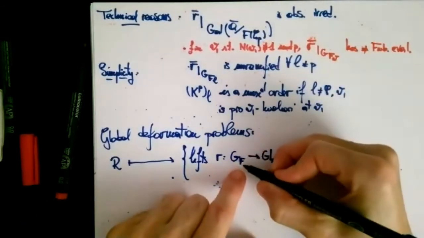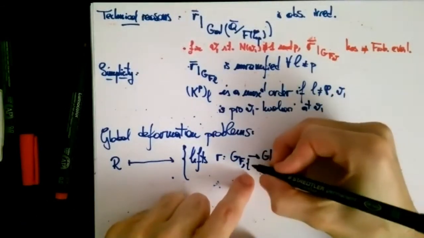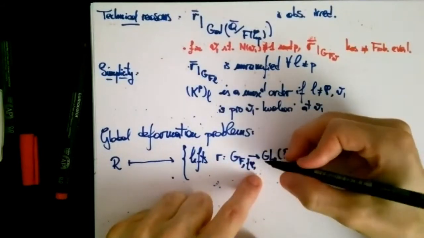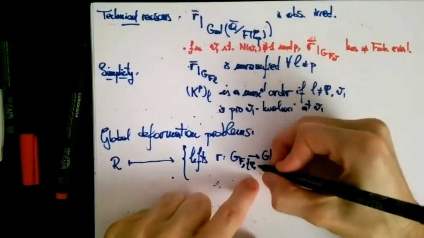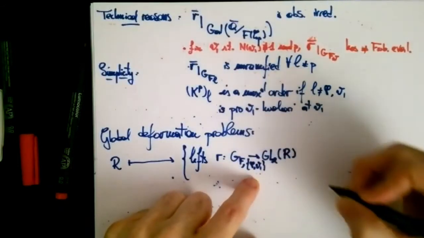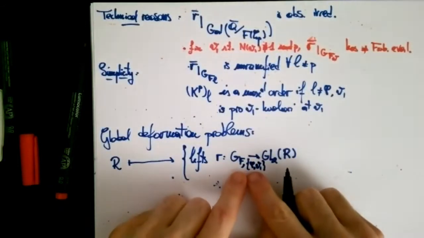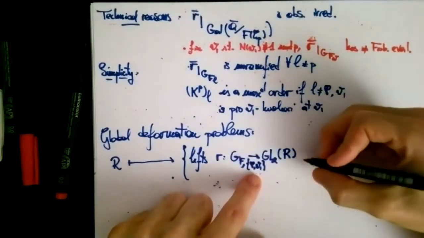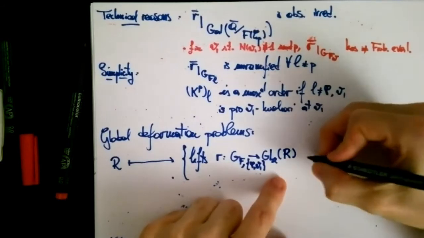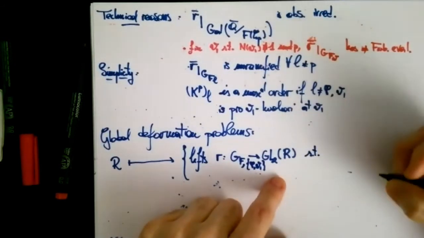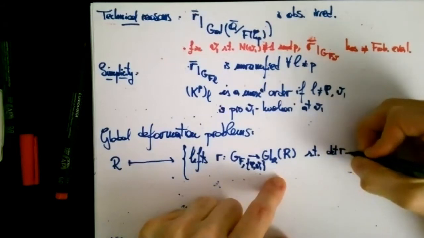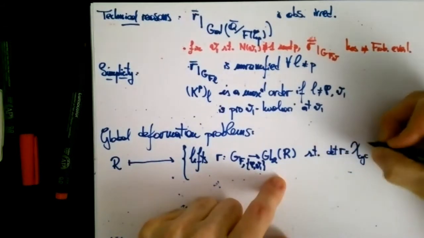These are lifts which are ramified outside P and V1, so this is the maximal extension ramified outside P and V1, with cyclotomic determinant, such that the determinant of the lift is chi-cyclotomic.